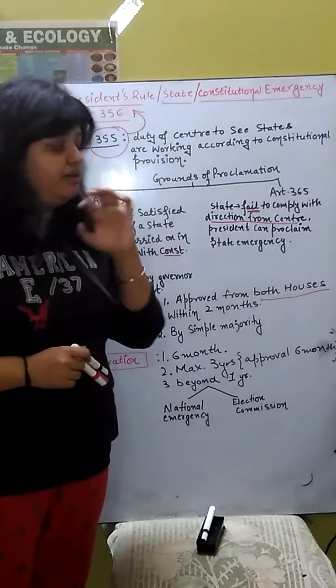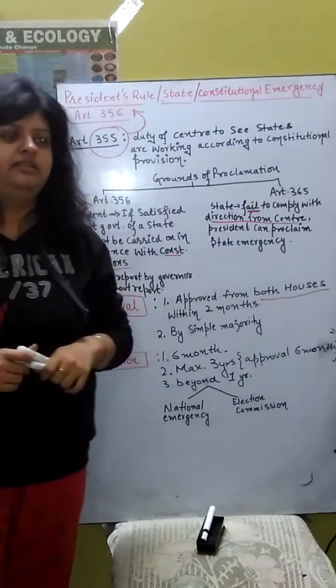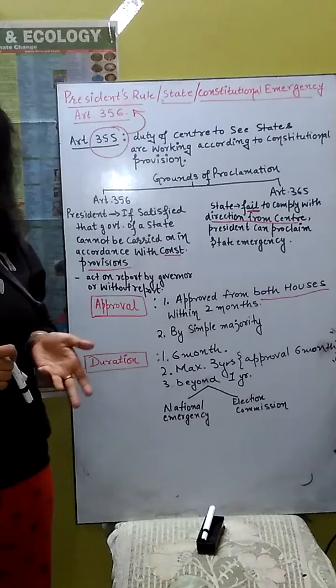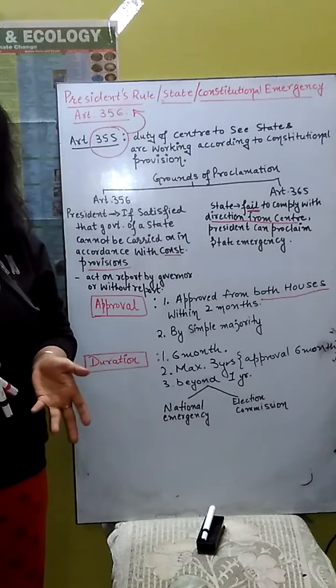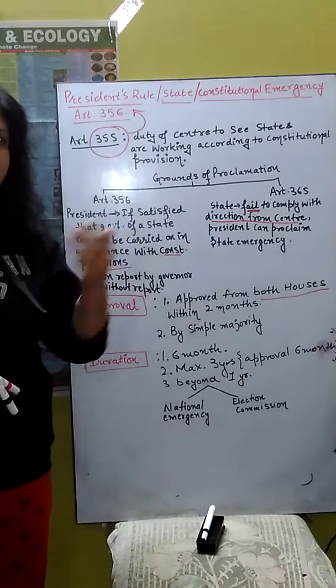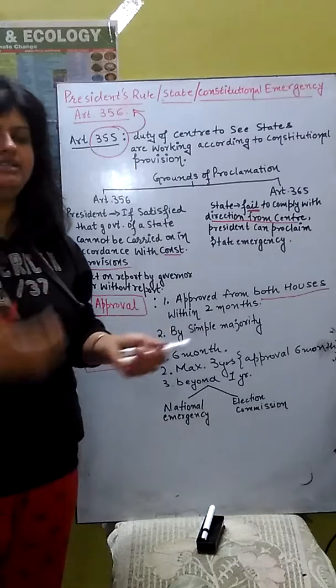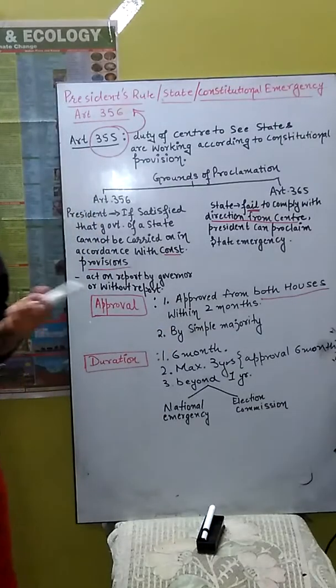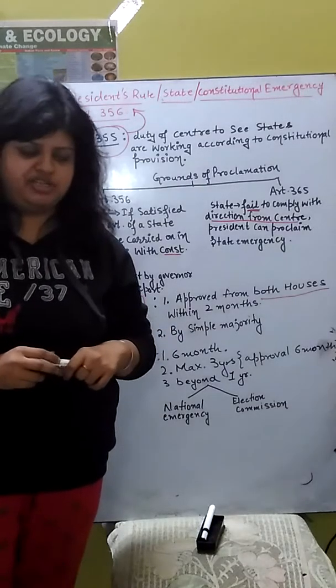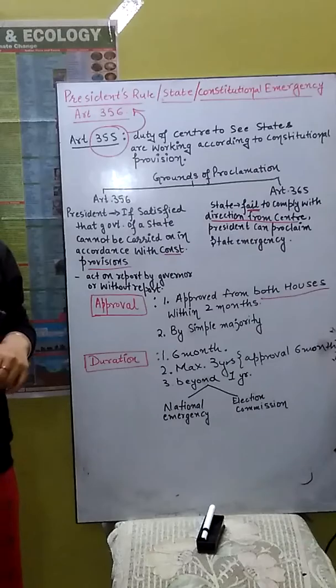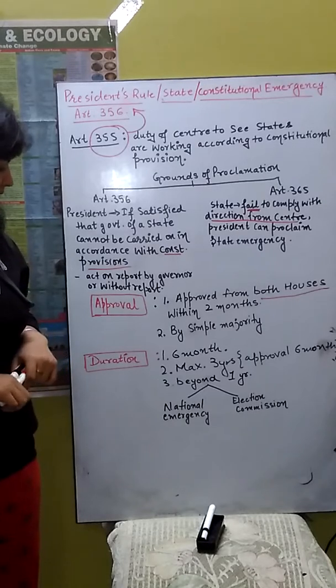Now, in the original constitution, this was given that after every 6 months, for a maximum period of 3 years, you can get the approval and you can continue the president rule in that state. But after the 44th constitutional amendment of 1978, what has happened?